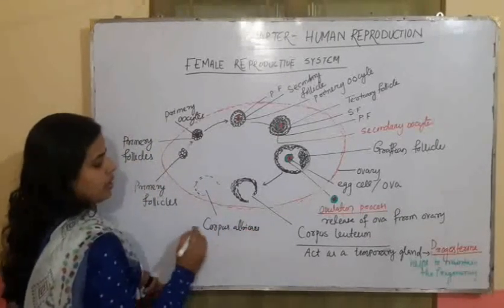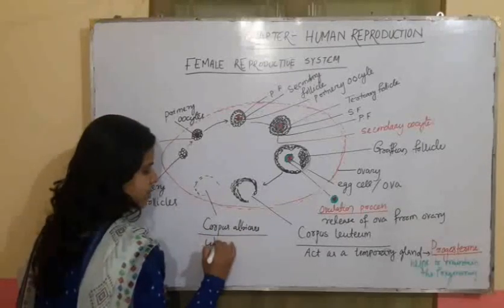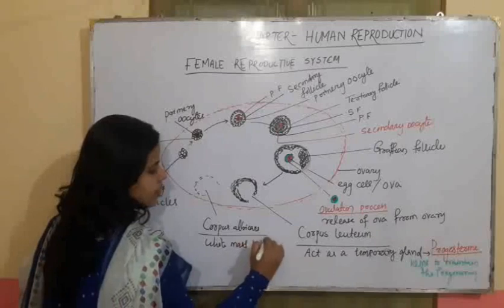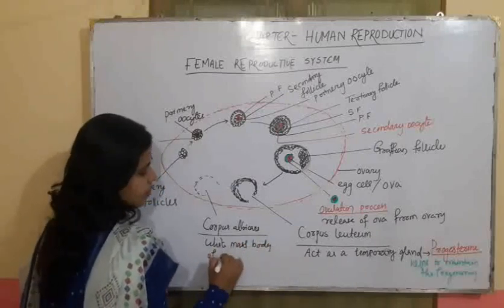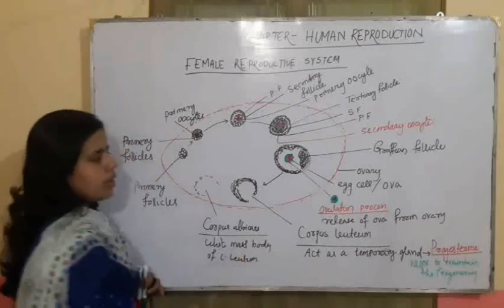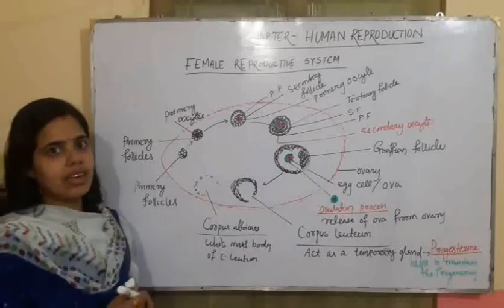Okay, so this is a white mass body of the corpus luteum. Slowly it will degenerate or disintegrate.